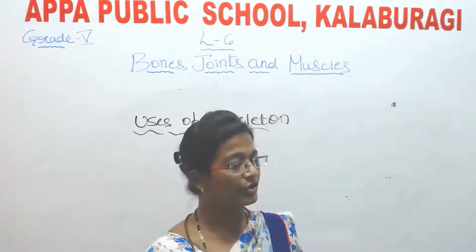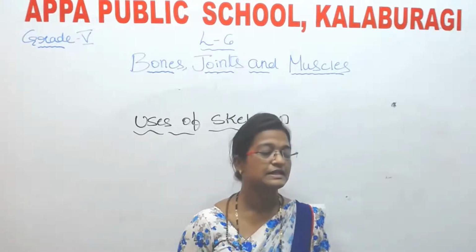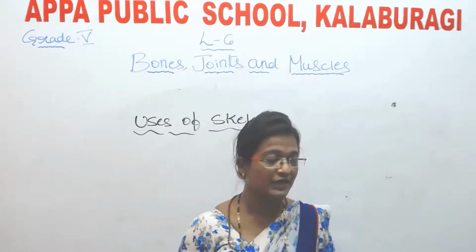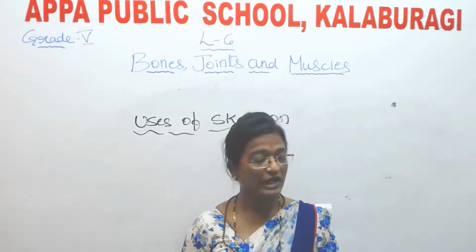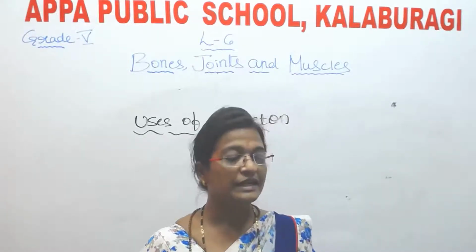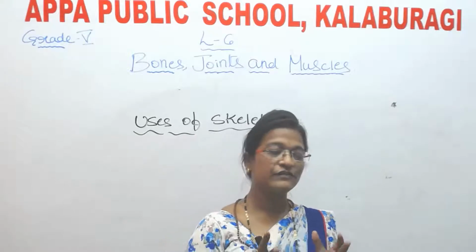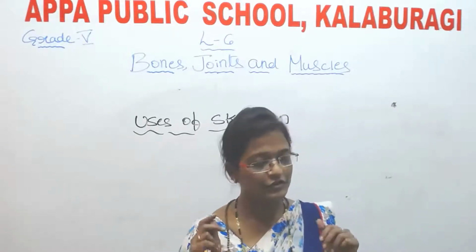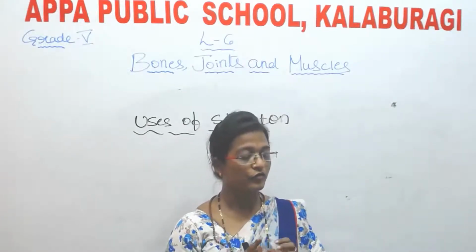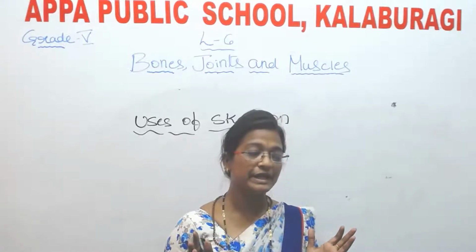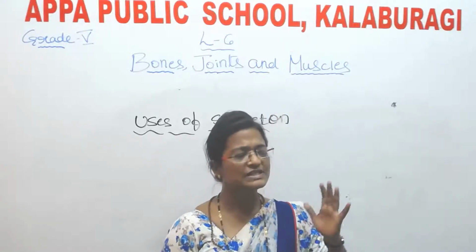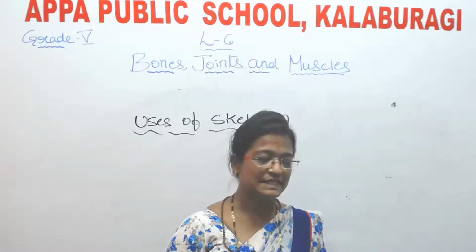It helps us to walk. It gives support and shape to our body. It is a storehouse of calcium and phosphorus. The bone marrow of long bones helps in making blood cells. So these are the uses of the skeleton, right?